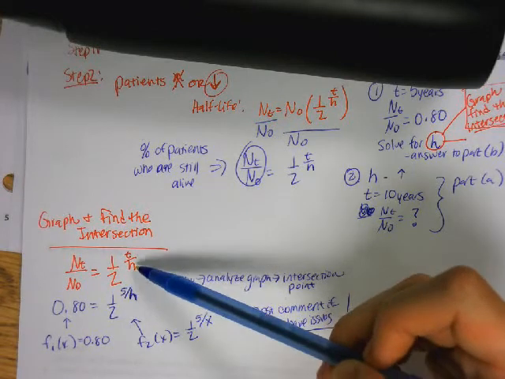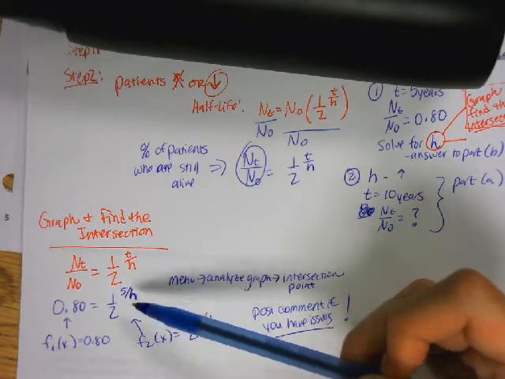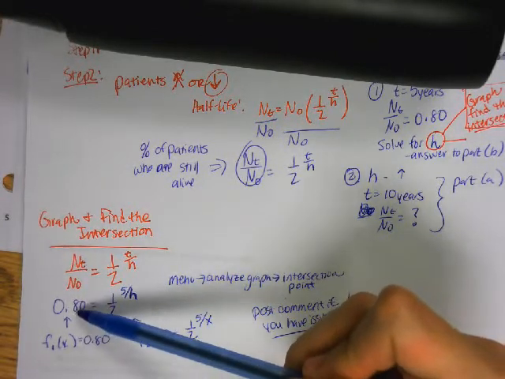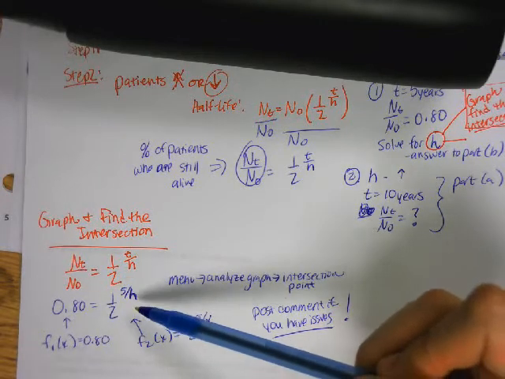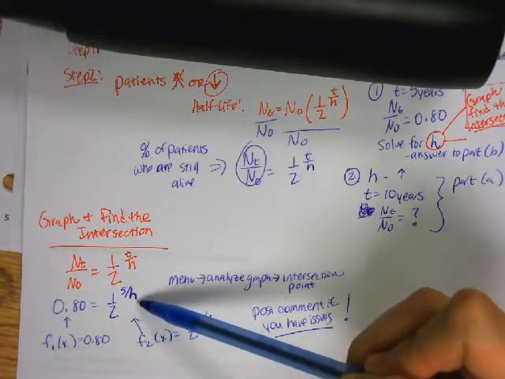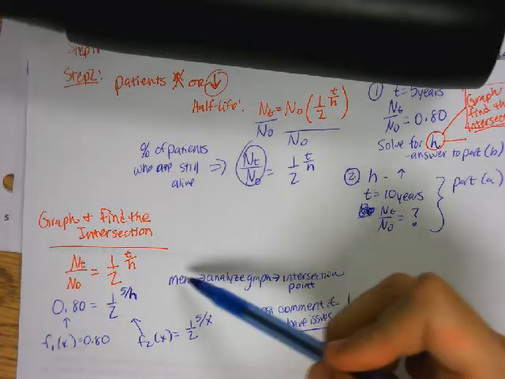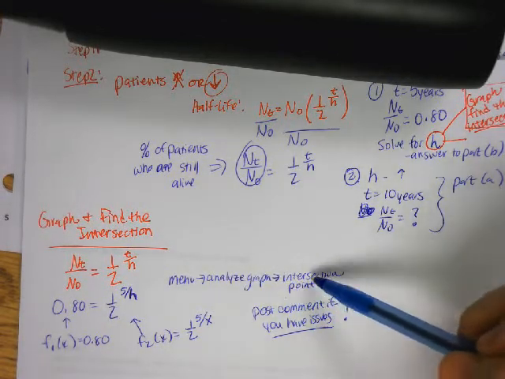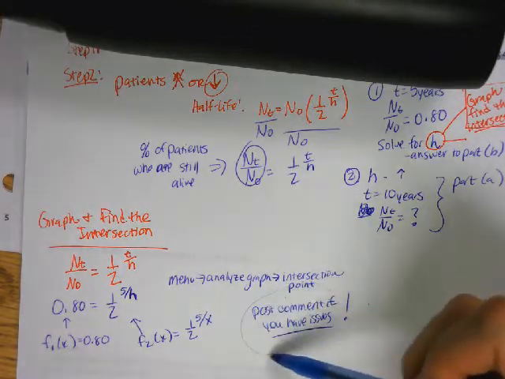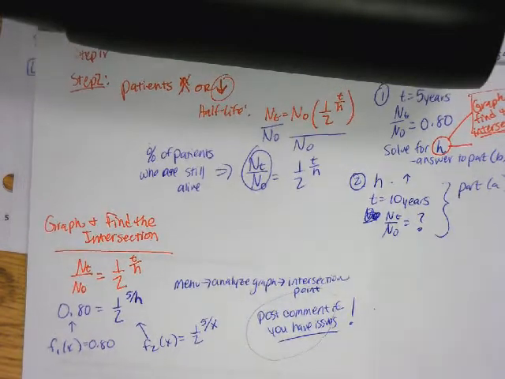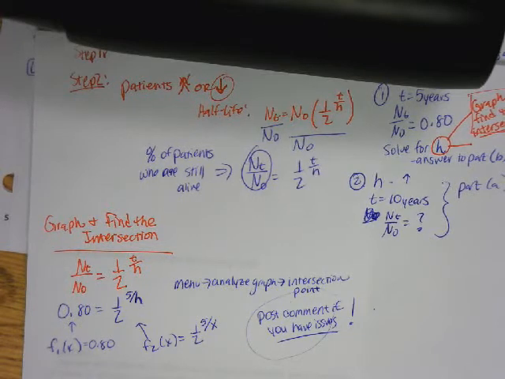Our T is 5 and our H is unknown. So you let this be your first function, let this be your second function. You graph both of these and you go Menu, Analyze Graph, Intersection Point. And then you'll have to select some points to find where the two figures intersect.